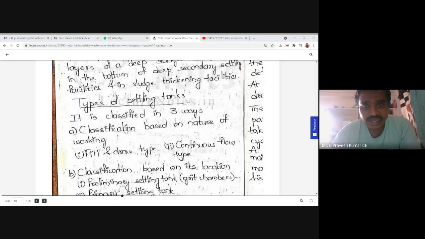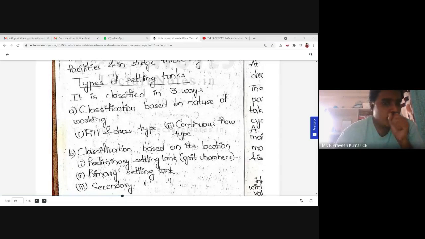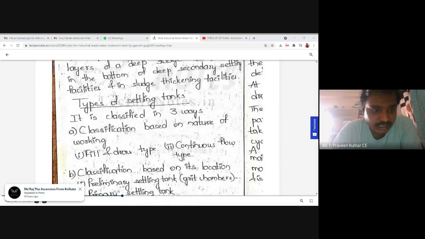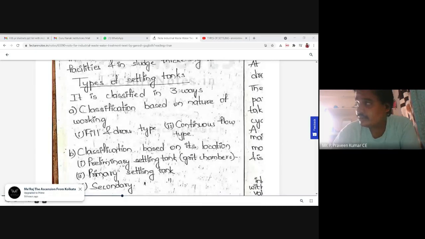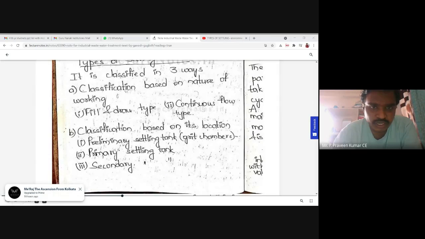Next, types of settling tanks. Those were the types of settling particles; these are the types of settling tanks.